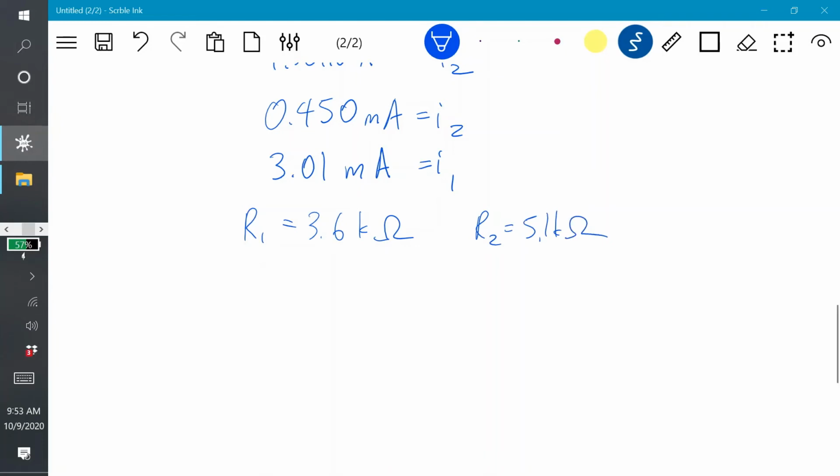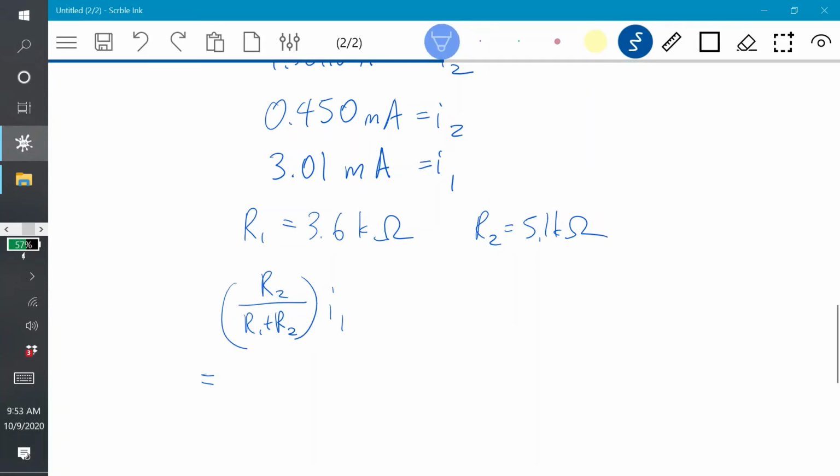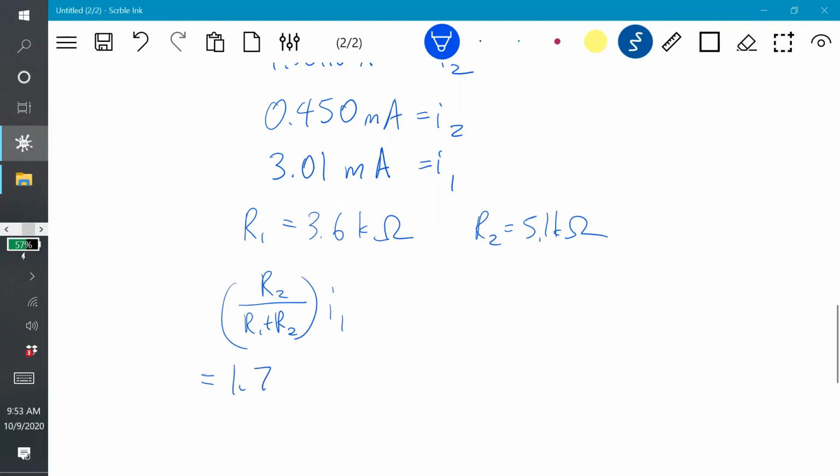The current through R1 is going to be R2 over the sum of R1 plus R2 times I1, which is 5.1 divided by 3.6 plus 5.1 times the current I1, which is 1.76 milliamps.